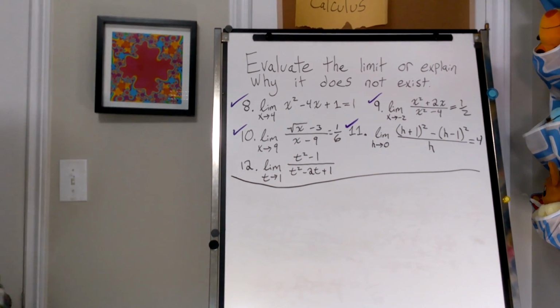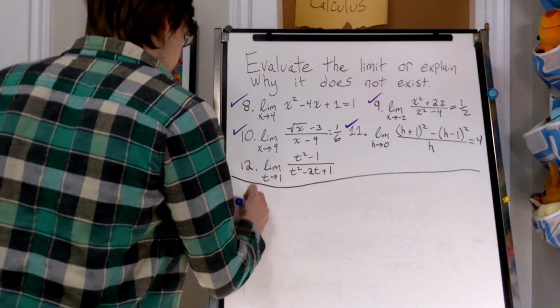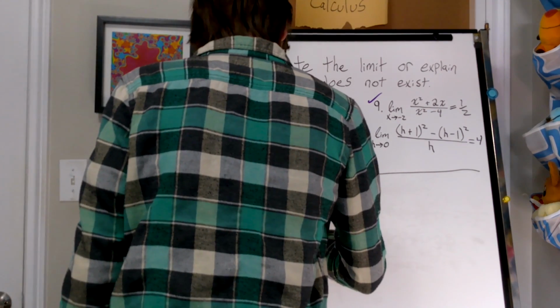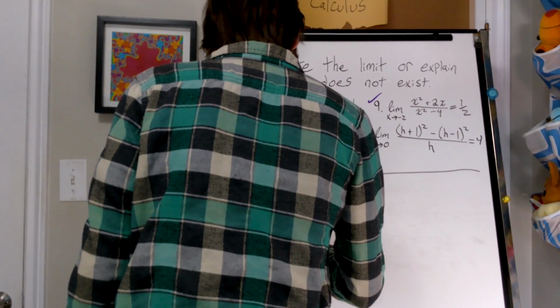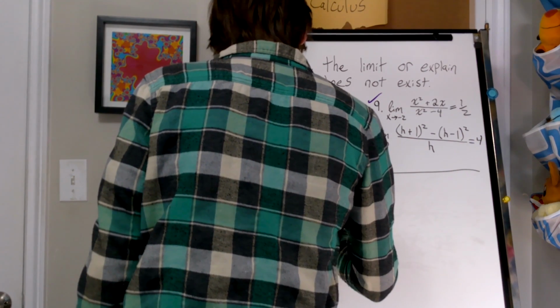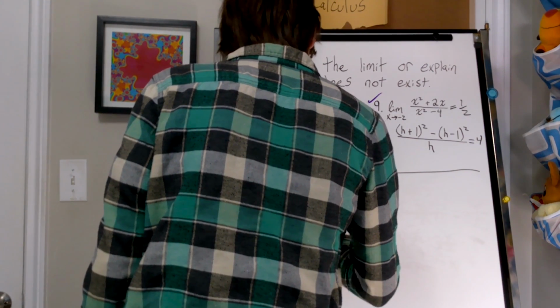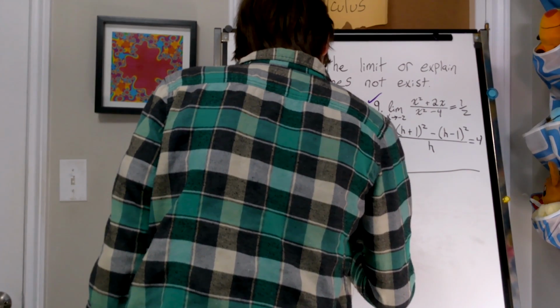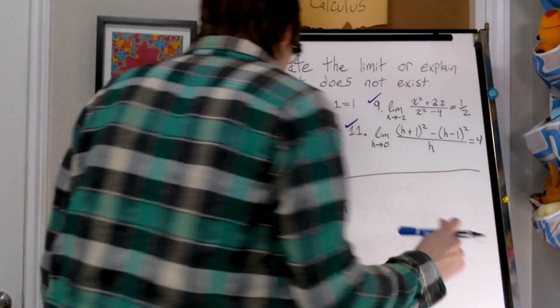Okay, last one. 12. The limit as t approaches 1 of t squared minus 1 over t squared minus 2t plus 1.